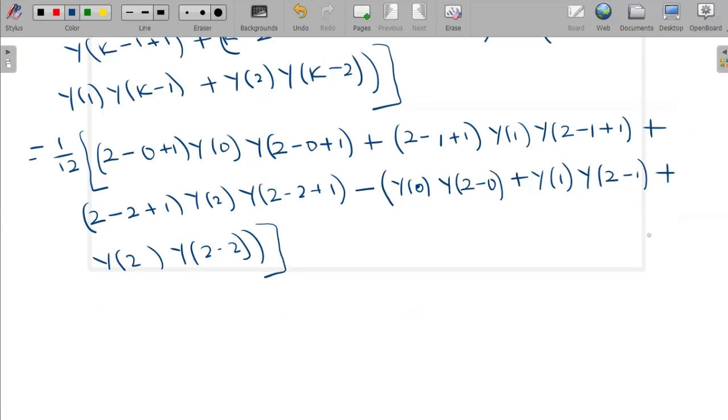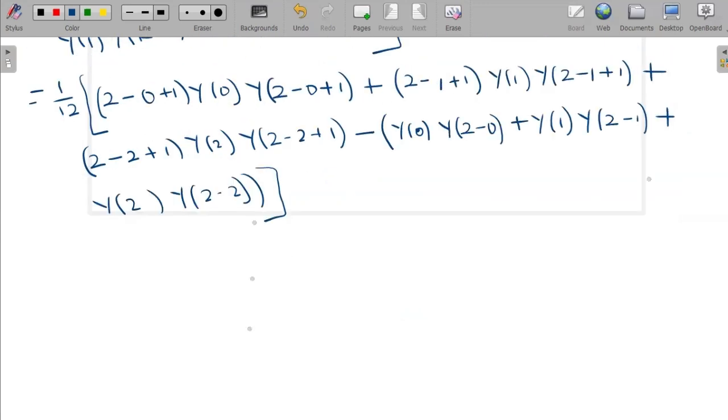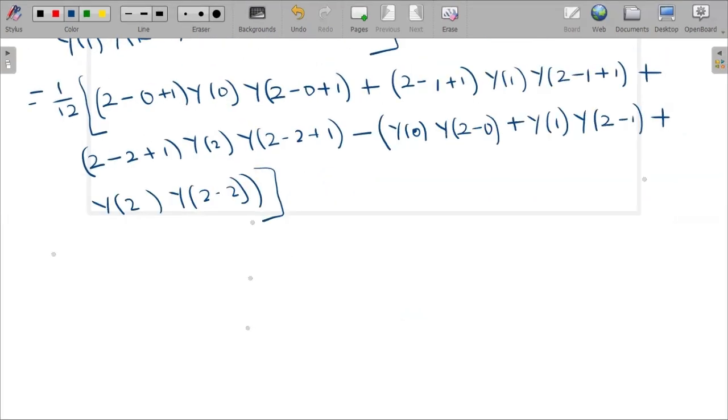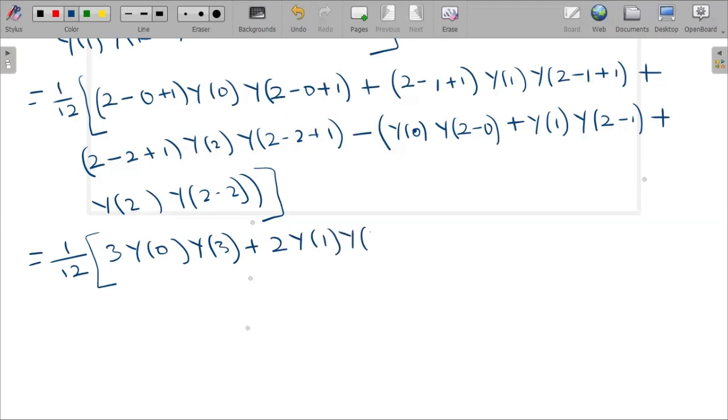So if we simplify this, it will form a pattern that can be easily predicted: 3 y of 0, y of 3 plus 2 y of 1, y of 2 plus 1 y of 2, y of 1.